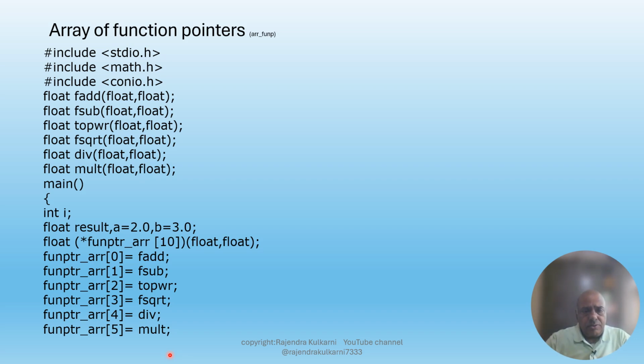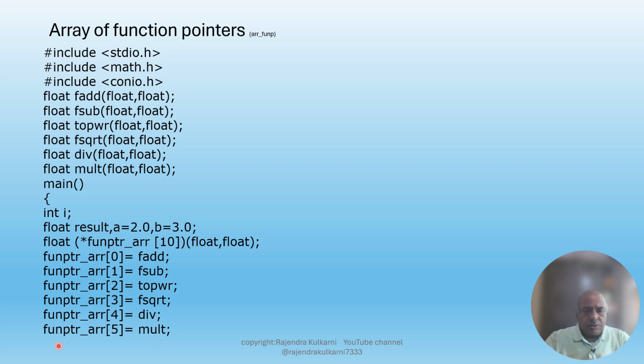What we are doing here is we are assigning the base addresses of all these functions to individual array elements. So array element funptr_arr, element number 0, is assigned with the address of function fadd. Then the next element of the array is assigned with the address of function fsub, and so on up to the function mult.